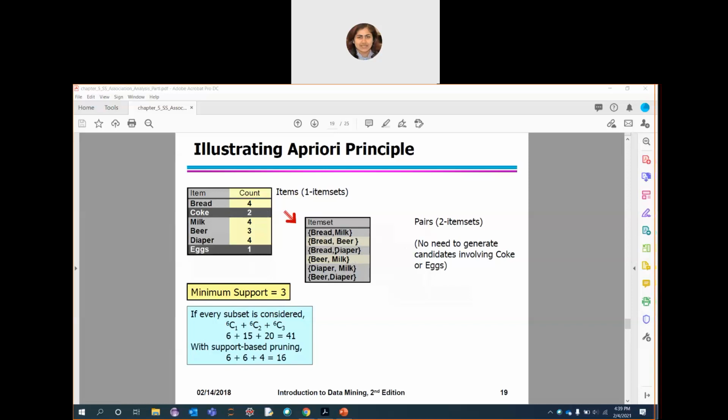Likewise, all the 2 candidate sets, pairs or 2 item sets, are generated. And we don't need to generate the candidates involving the Coke and eggs. So here, in this part, you again have to determine, for each of the 2 pairs, each combination, how many times they are occurring in the transaction actually.